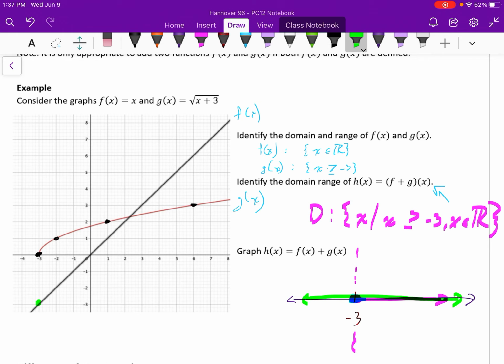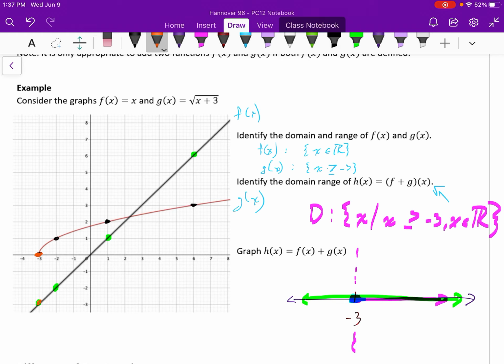If I take a look here at x is equal to -3, x is equal to -2, x is equal to 1, and x is equal to 6, I'm only going to add these because I know the values. I'm going to attempt to graph h of x, so I simply add the y values. The f of -3 is -3.